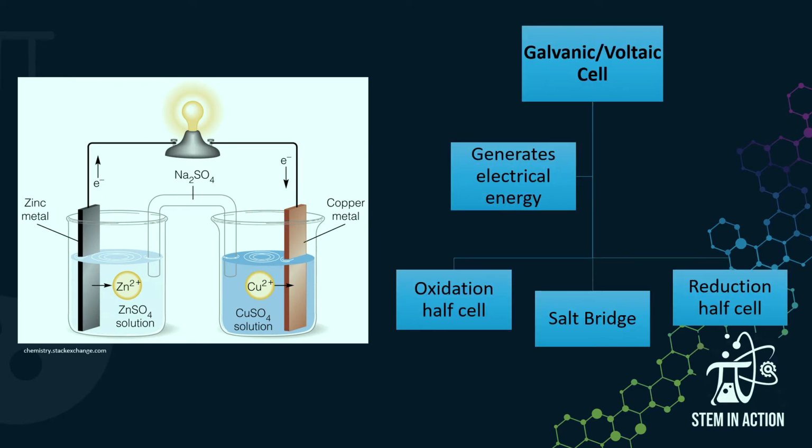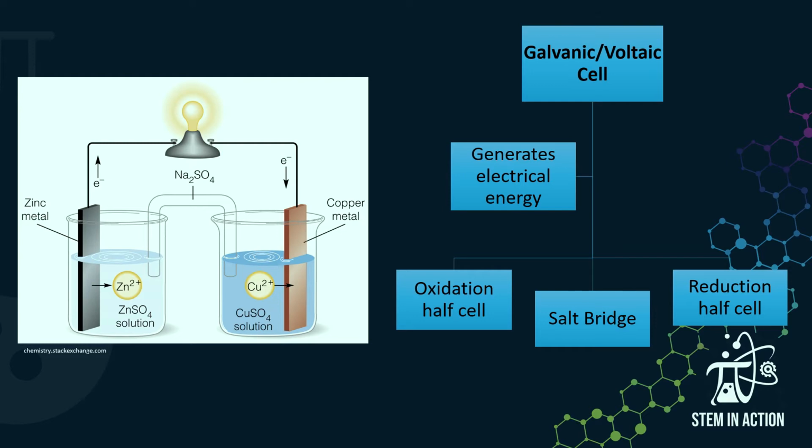So we are now ready to cover the galvanic cell, or another term for galvanic is the voltaic cell. If you have a look at that diagram, I've now added a bit more detail compared to the initial image of a voltaic cell. These are the components that we will cover in a galvanic cell. Number one, what is a galvanic cell? It generates electricity.